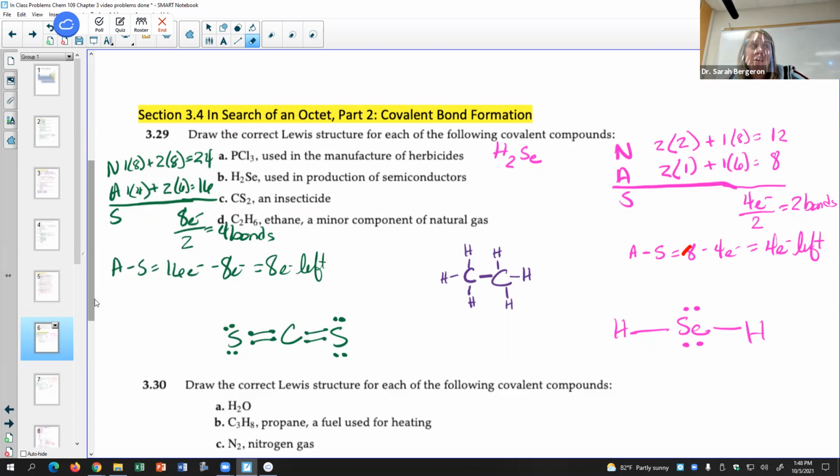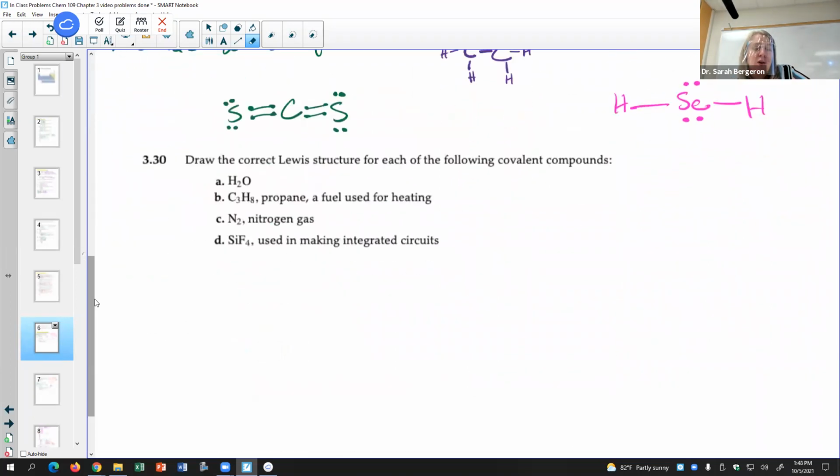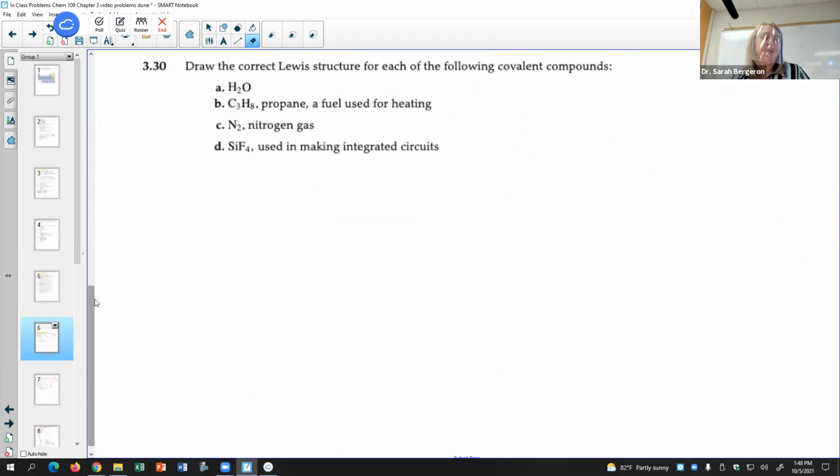So what you have to remember when you're drawing these compounds is that all of them are trying to get to a complete octet. Everybody wants to get to that complete octet. So one thing that you can do, let's start with this one, is look at the individual molecules.